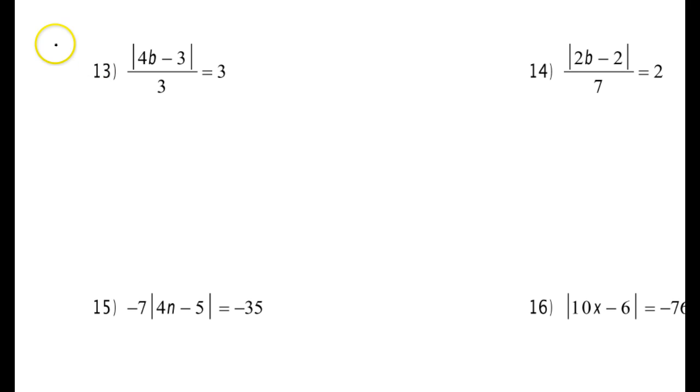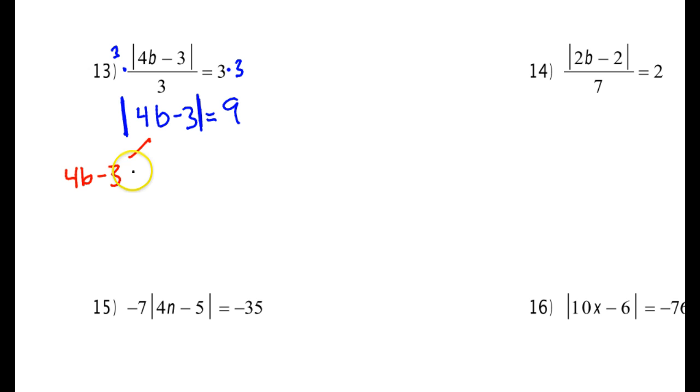Fractions are division. A division that we can undo by multiplying. Break it up. Negative 9 and positive 9.